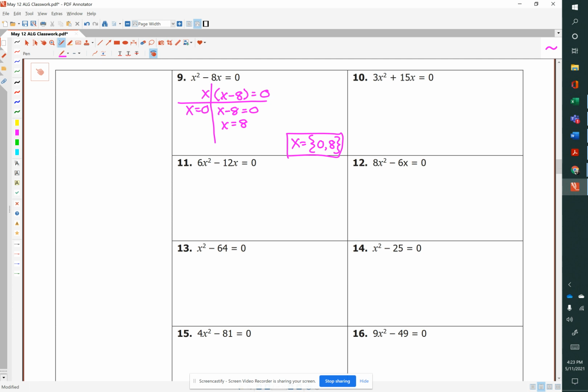And number 10 is somewhat similar, but we do have that 3 in the 3x squared plus 15x equals 0. So we'll factor out the 3x, which leaves us with 3x times (x + 5) equals 0.